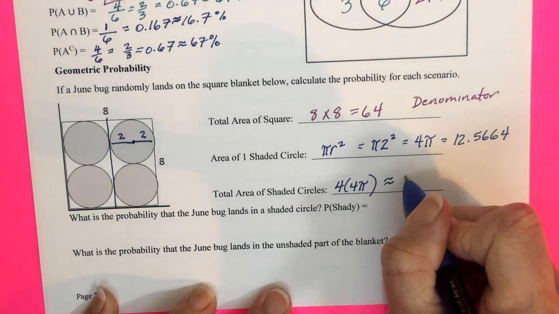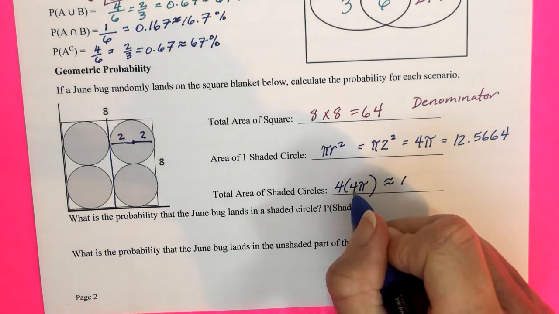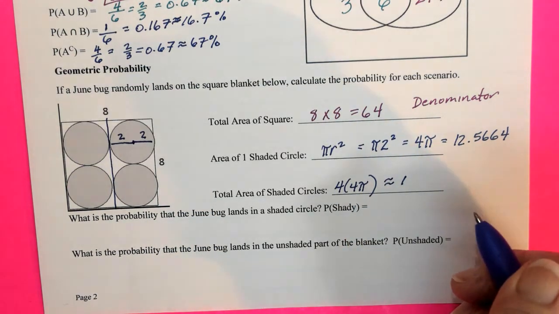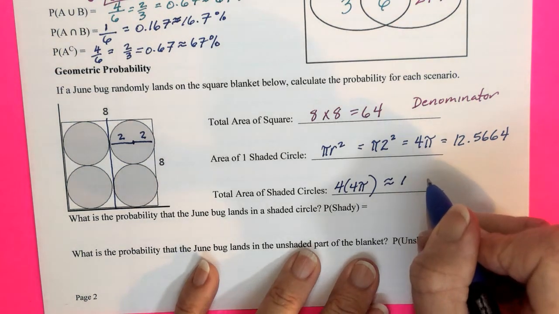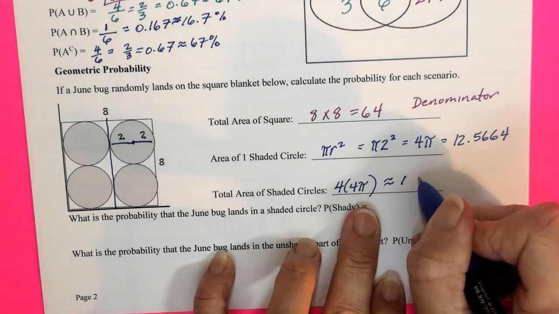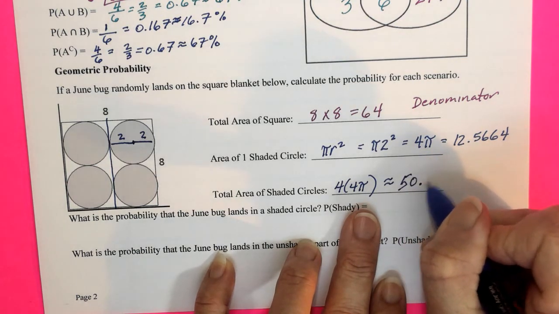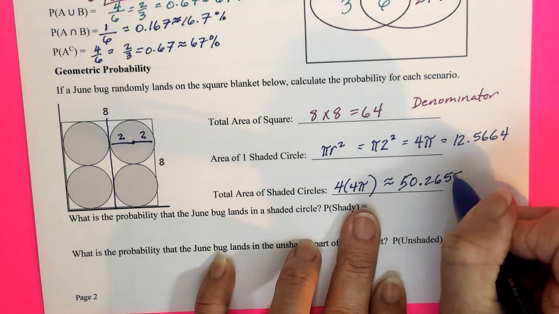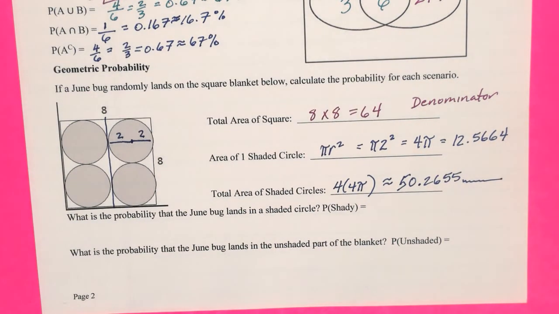I'm going to put down quite a few decimal places. We know this was 12.5664, and when I go 4 times, I end up with 50.2655. I'm going to do this because my calculator is going to hold more digits and carry them into the next part of the problem.